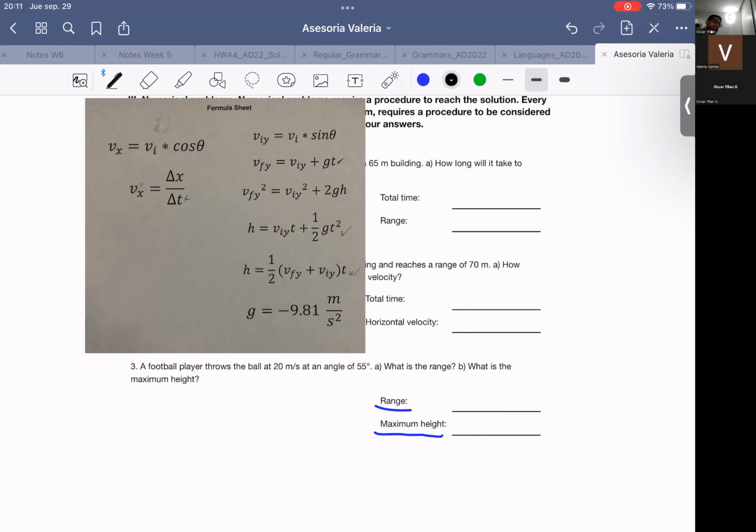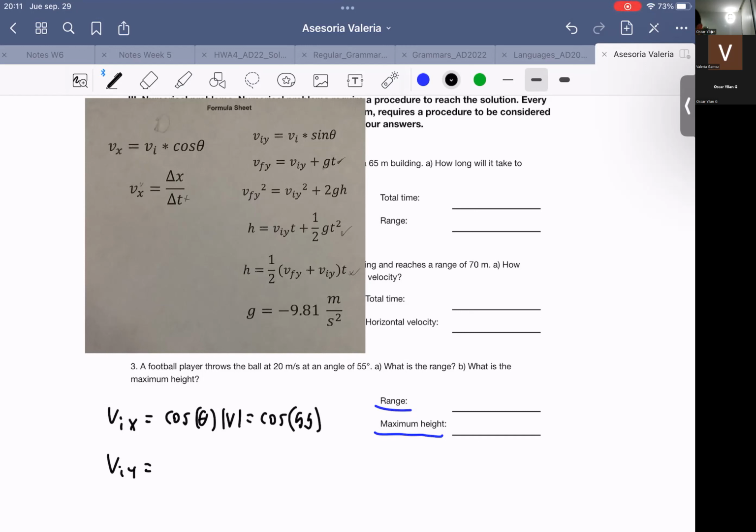First of all, I told you it's really useful to always get the components VIX and VIY. VIX, basically, we said that it was cosine of the angle times the magnitude. Give me this one, it is going to be the cosine of what? Of 55, perfect, and times the velocity.